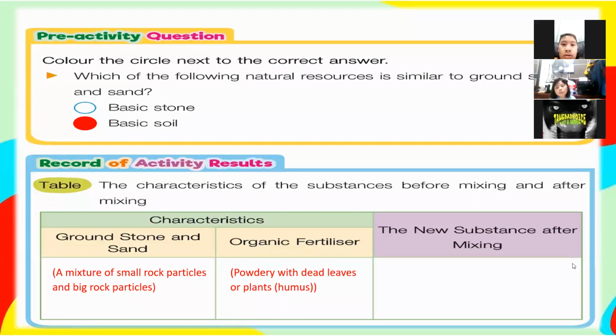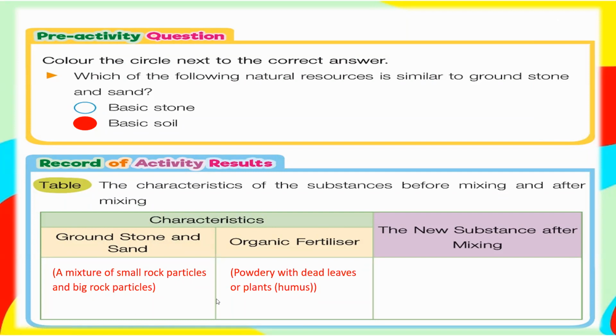Okay. All right. Now, after that activity, after that experiment, what do we do? We are going to have a new substance after mixing, while we mix all that together. So what is the new substance?